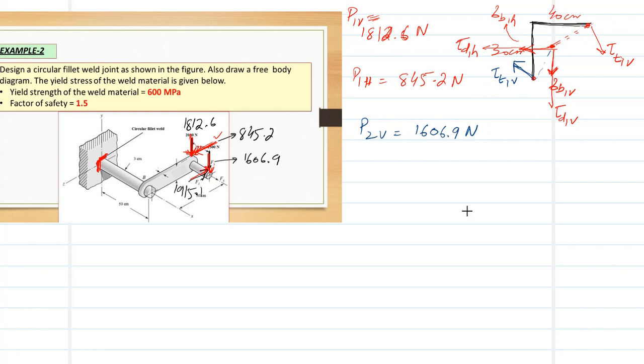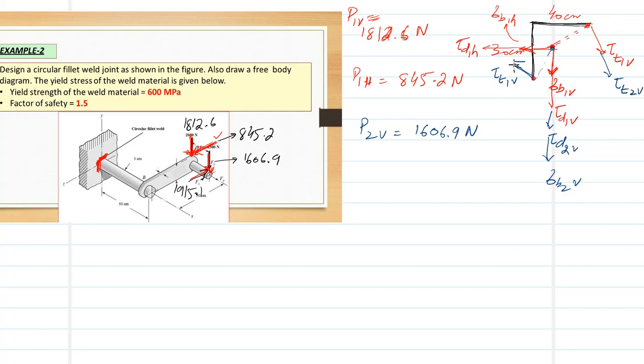Okay. For the second load, we have three kinds of stresses, sorry. On the centroid, we have the tau D2V, because it also produces bending in the downward direction, because it's a vertical load. So we have sigma B2V, and we have torsional shear, which is again in the same direction.